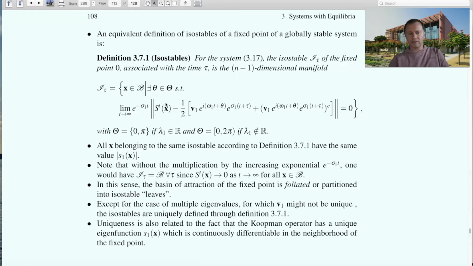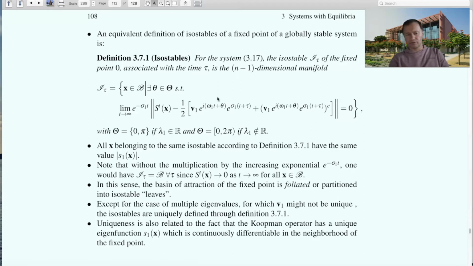So all x that would satisfy that condition with that particular theta would be on one isostable, and it's pretty easy to see that that's consistent with what we've done before, because this e to the sigma 1 tau is really related to the level set of the slowest Koopman eigenfunction, as is this term over here.